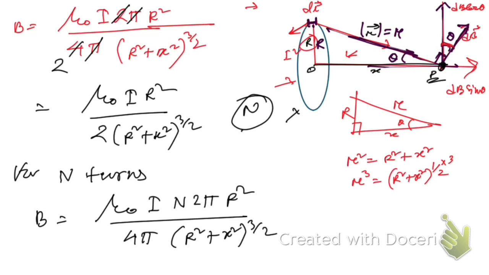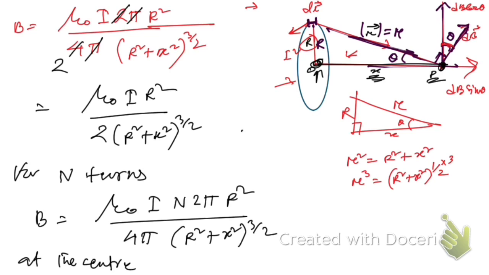Now if you find the magnetic field at the center, in that case x will be equal to 0. If you bring the P here at the center, then x will be equal to 0. So at the center, if there is only one turn, then put 0 here.